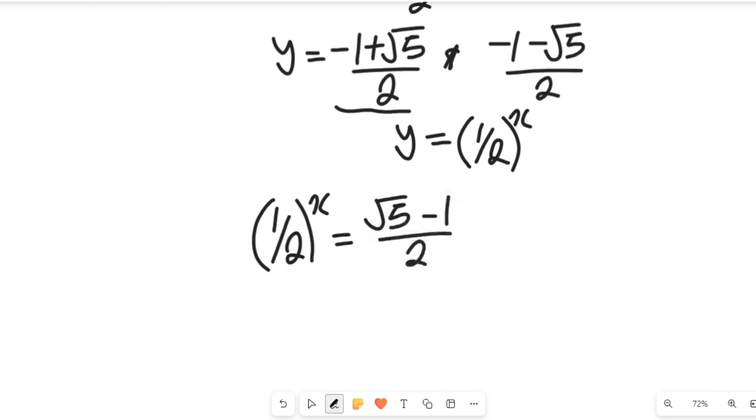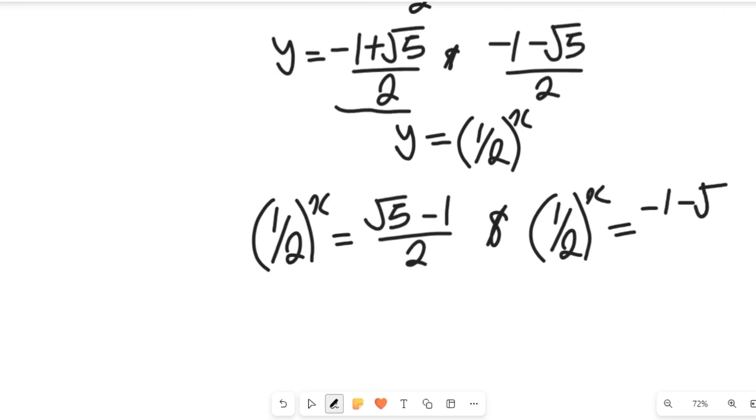I've not changed anything, because from this expression, y is equal to the root of 5, which is positive. So this will give us 1 divided by 2 to the power of x, and this will be equal to negative 1 minus root of 5 divided by 2.